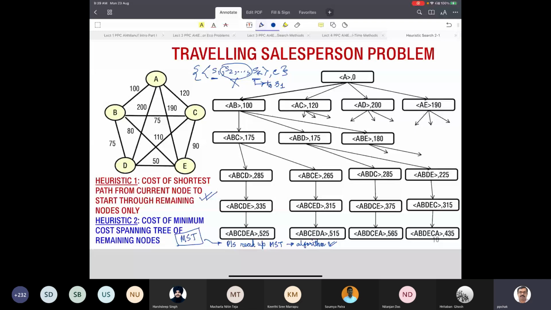And for those who know what is an MST, which heuristic is better? MST. Correct. Now let me ask a general question.